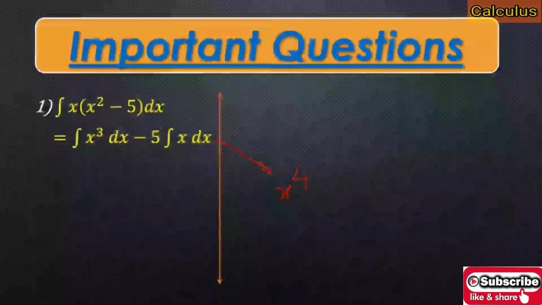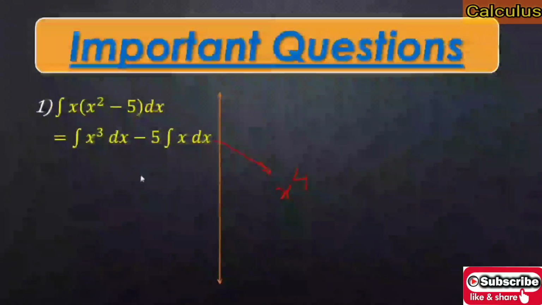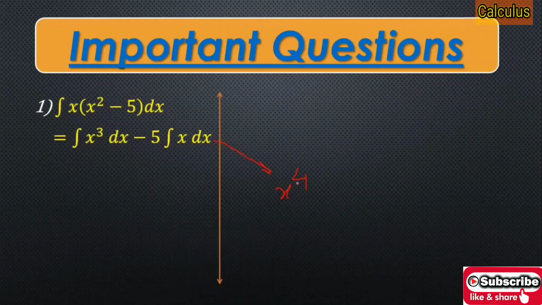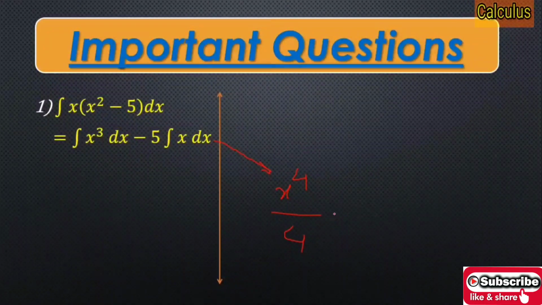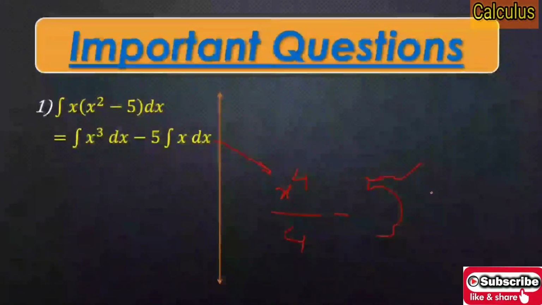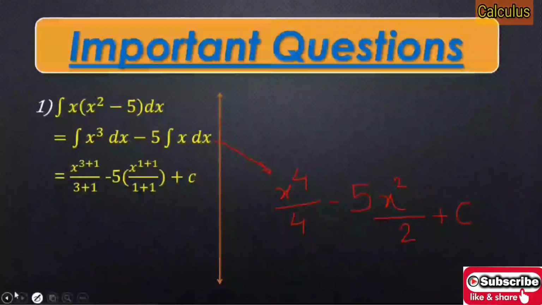You have to know the formula, like integration of x to the power n, which is x to the power n plus 1 by n plus 1, that is 3 plus 1 by 3 plus 1, that is 4, minus 5 as it is, and integration of x is equal to x square by 2 plus c.